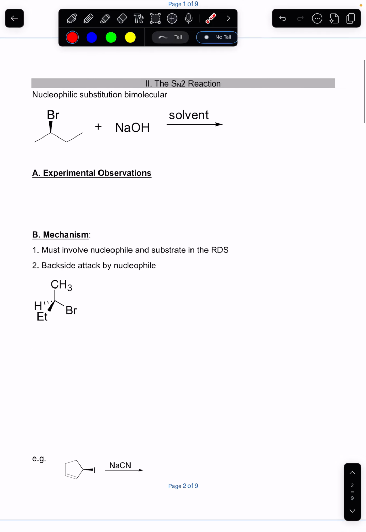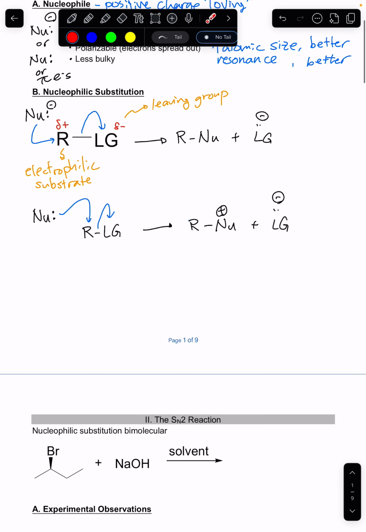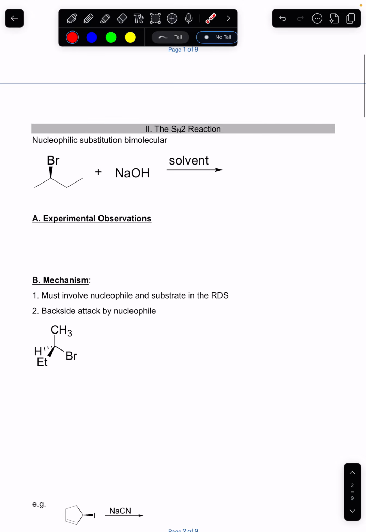Now, of the nucleophilic substitution reactions, the mechanism we wrote here is technically an SN2 reaction, but let's delve deeper into the SN2 reaction. As we said, that stands for nucleophilic substitution bimolecular reaction, and here's an example of that.